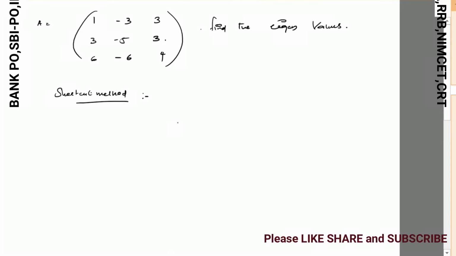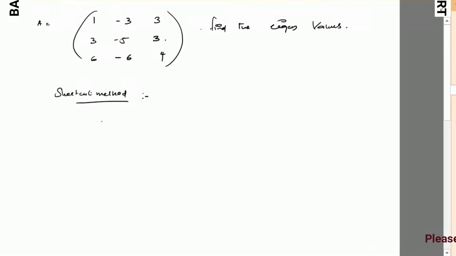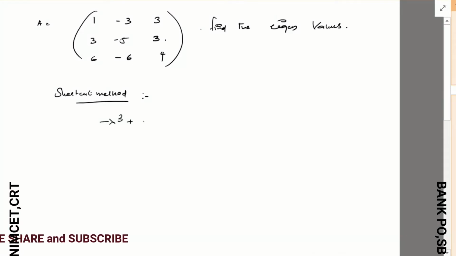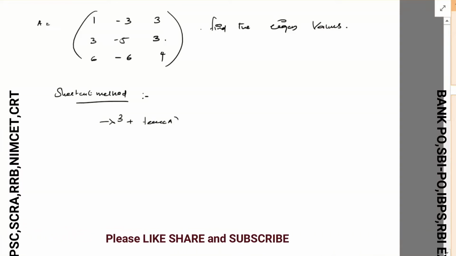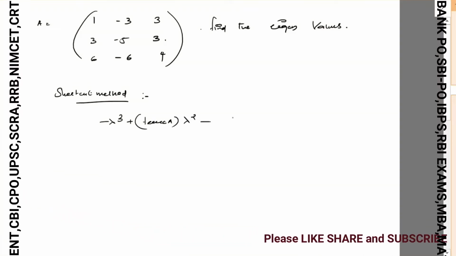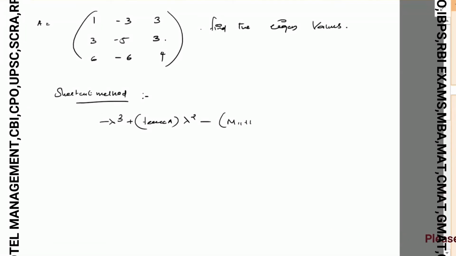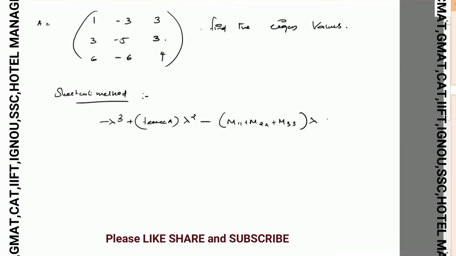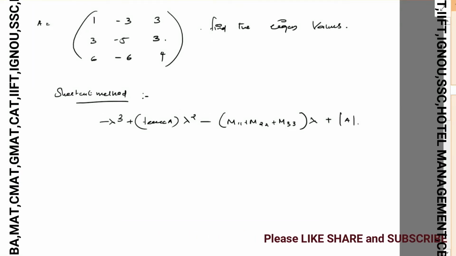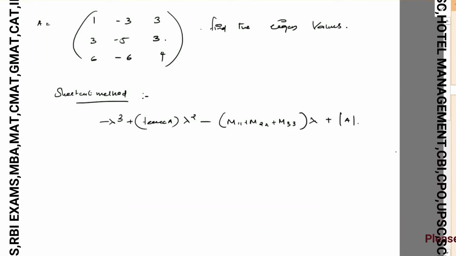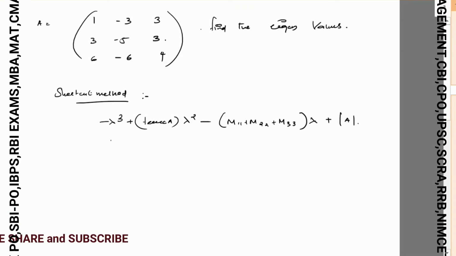Shortcut method for a 3 by 3 matrix: minus lambda cube plus trace of A into lambda square minus (m11 plus m22 plus m33) into lambda plus determinant of the matrix. Okay, so what is the trace here?